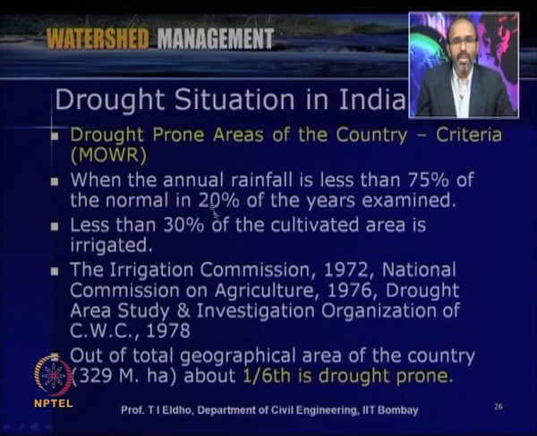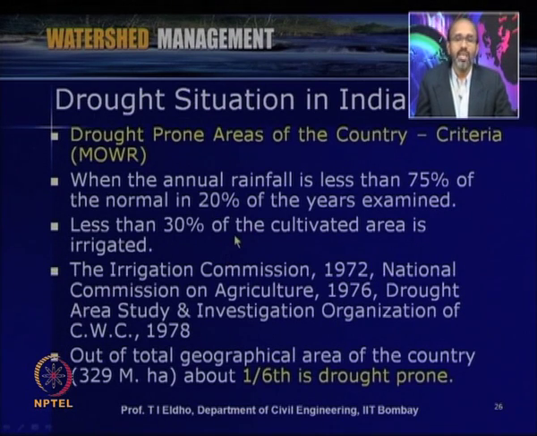These are generally two important criteria to assess whether a particular area is drought prone or a particular year is a drought year. For example, the first assessment of the drought situation was done by the Irrigation Commission in 1972. Then it was revisited by the National Commission on Agriculture in 1976, and further drought area study and investigation was done by the Central Water Commission in 1978.